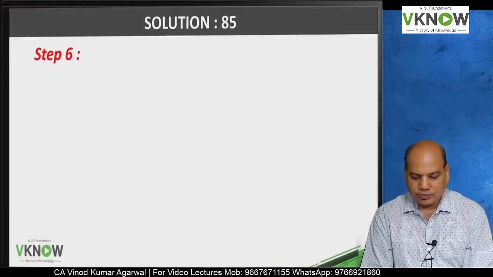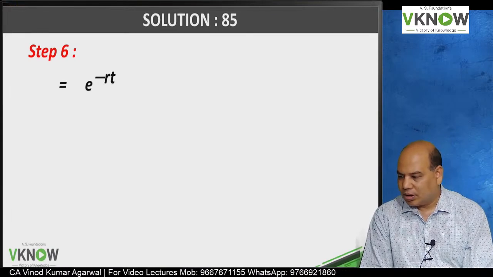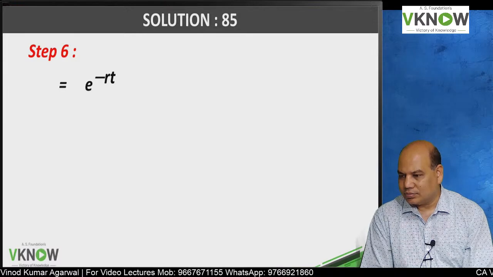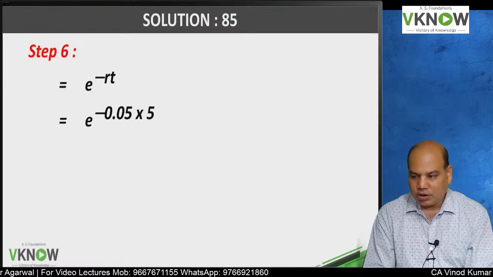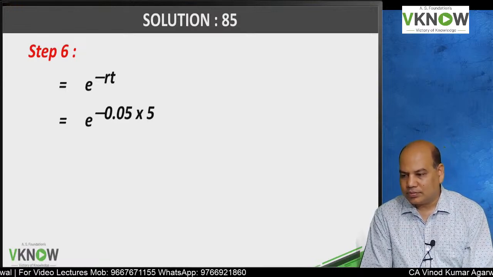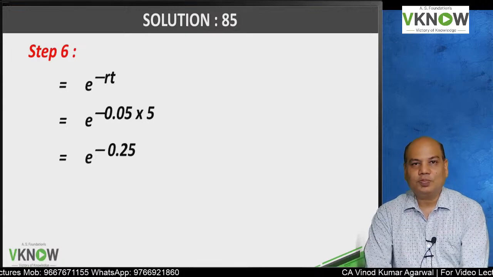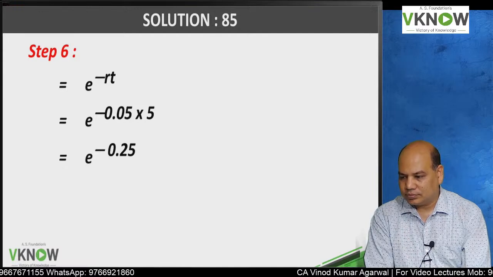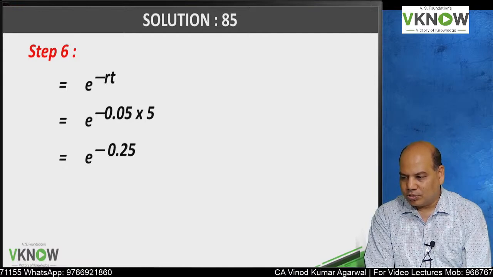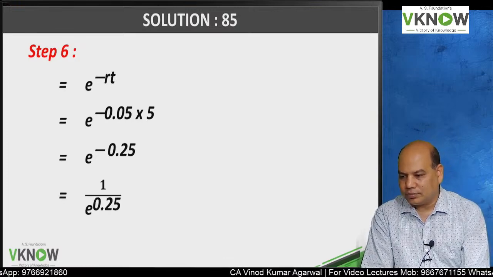Step number 6, e to the power minus RT. e to the power minus RT means present value factor. e to the power 0.05 into 5 years, e to the power minus 0.25, 1 upon e to the power 0.25.